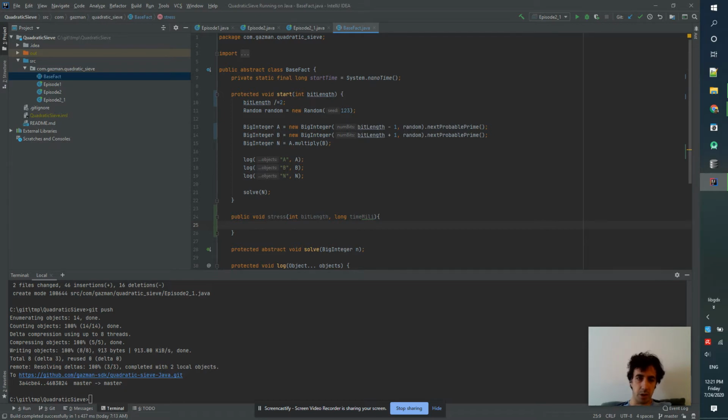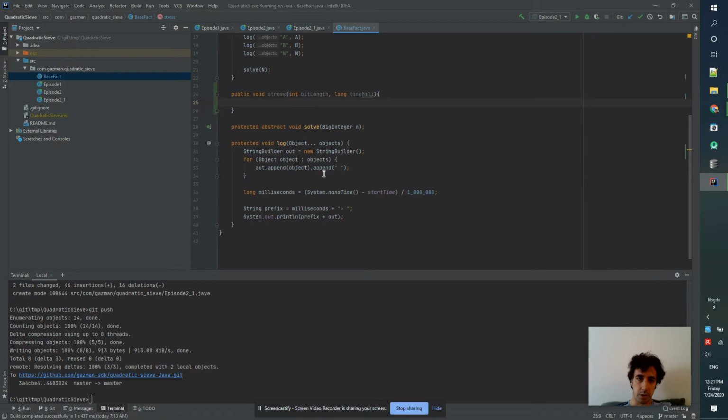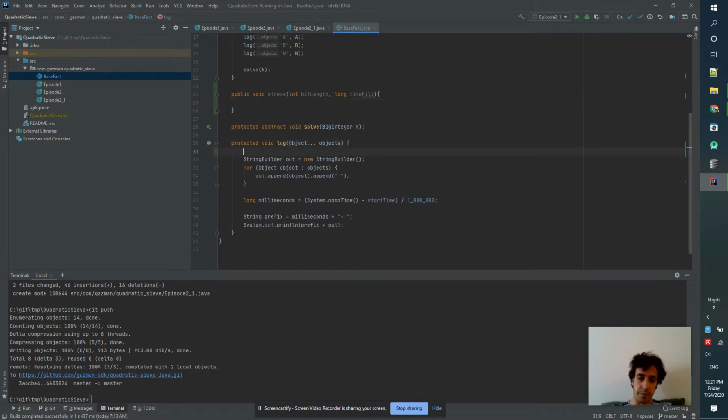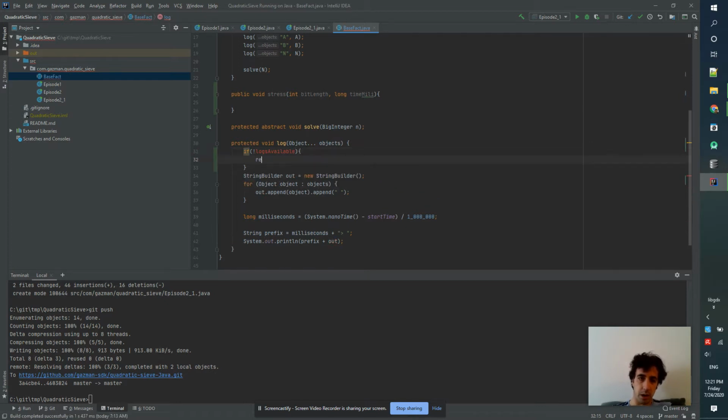During the stress tool, we want to suppress the logs. So let's say if logs are available, and if logs are not available, then turn them down.